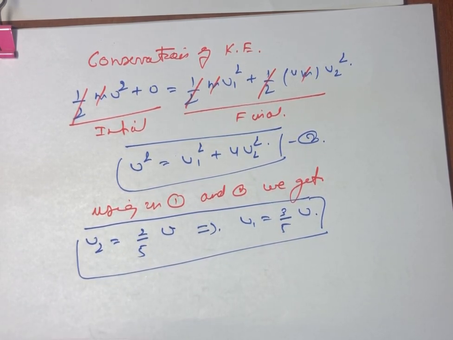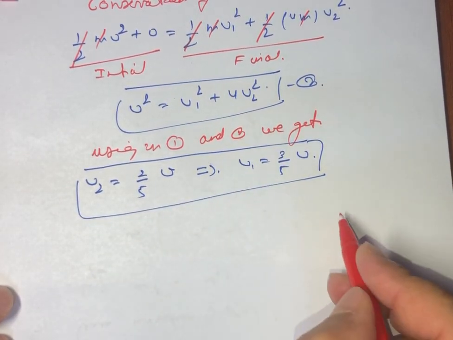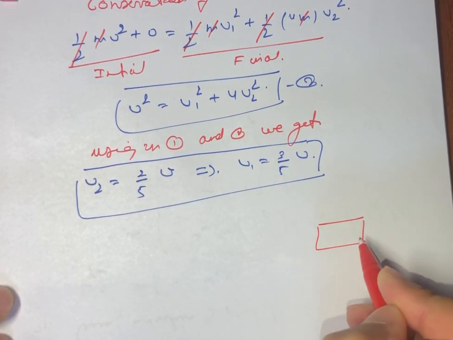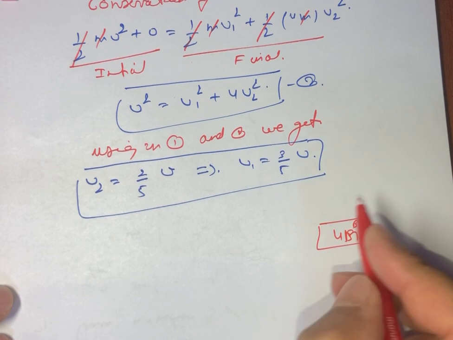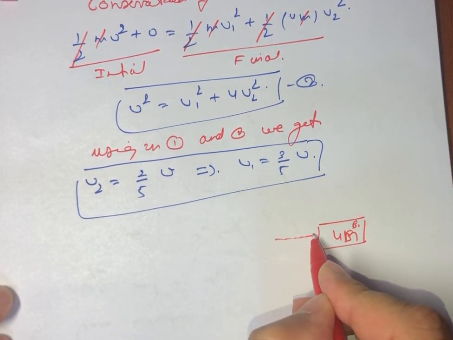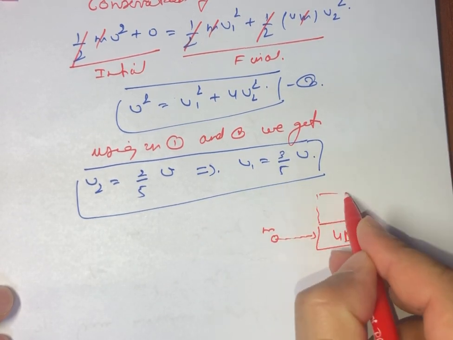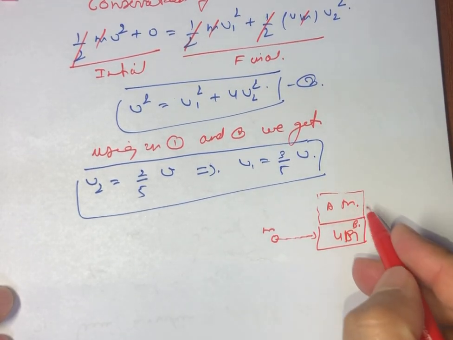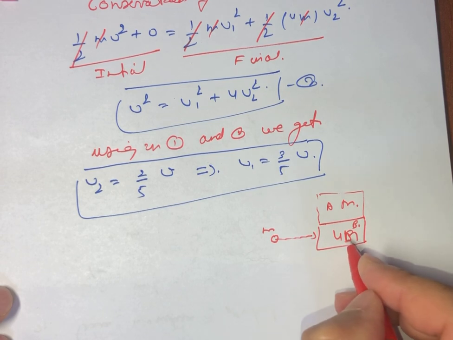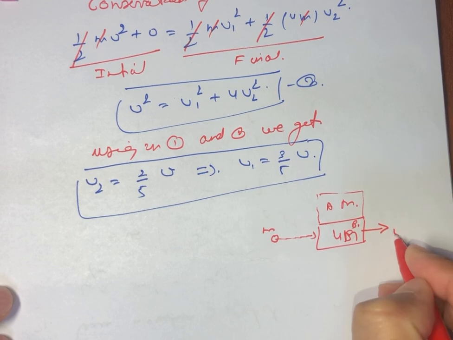Now secondly, let me redraw the figure. So this is block B having mass 4m, this is a small mass m, and we have block A of mass 2m. So we have said that block B is going to move towards right with the velocity of v2.